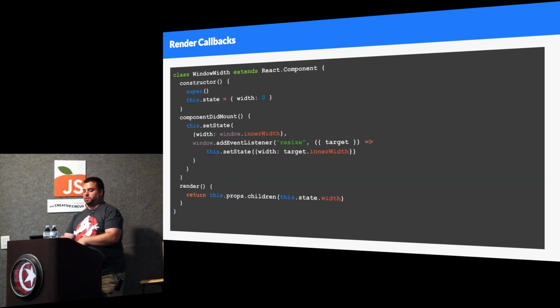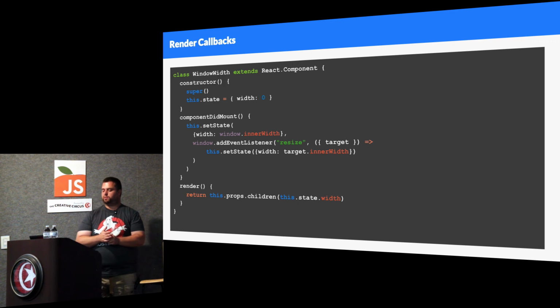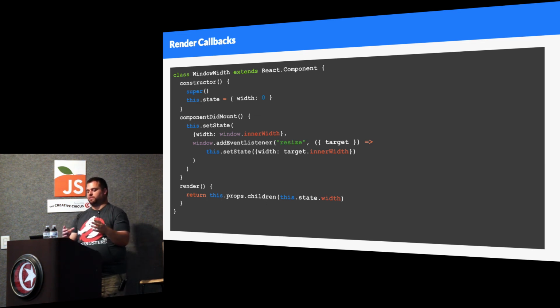So to get a little more real world with it, if we want to do a window width, right, our set state would have an event listener for resize. So if the window gets resized, then I would set the state's width to target.innerWidth, and that would then take the props.children, and render out this.state.width.